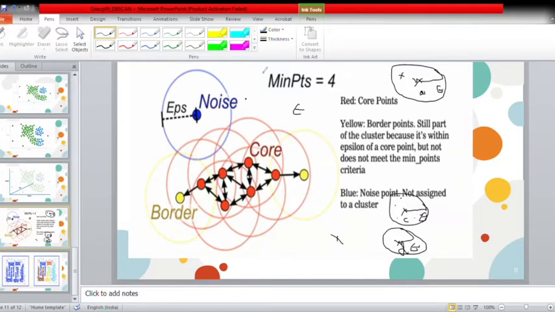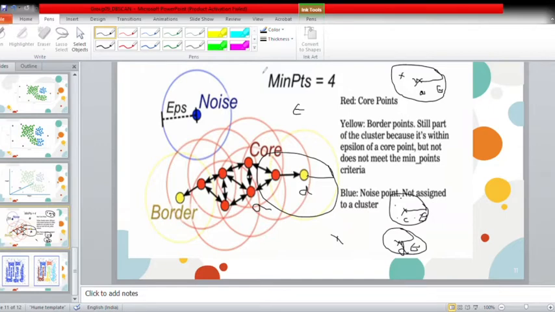As you can see, let us assume this circular boundary, and let us assume this is the point A. It has got 4 points inside this circle, so this point is said to be a core point. But for example, if we take this point, which is point D, with a specific radius and draw a circular path across it, we can see that there is only one core point inside this circular boundary, and it doesn't satisfy the minimum points condition.